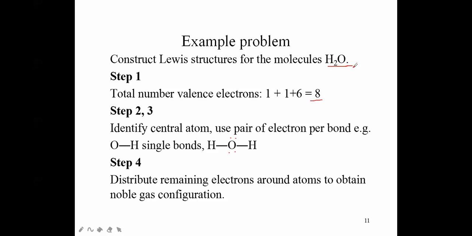In H2O, you cannot have hydrogen in the center because remember, hydrogen only needs 1 electron. It can only make 1 possible bond. Now, oxygen will make more bonds. So in this case, you look for the atom which can make more bonds, and that was the oxygen atom.